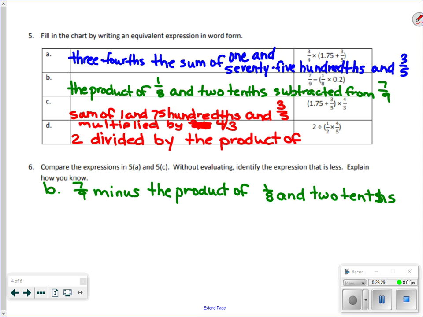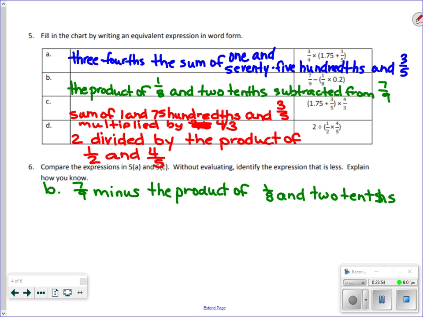I'm just adding that in. 2 divided by. When you've got that 2 divided by, that tells me that 2 goes in the front. 2 divided by the product of 1/2 and 4/5.